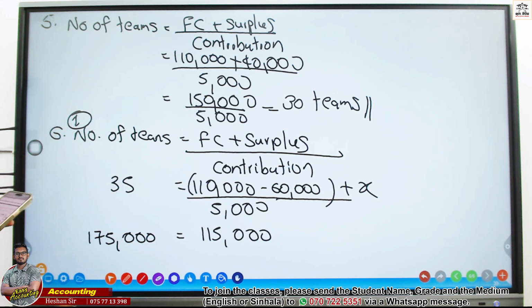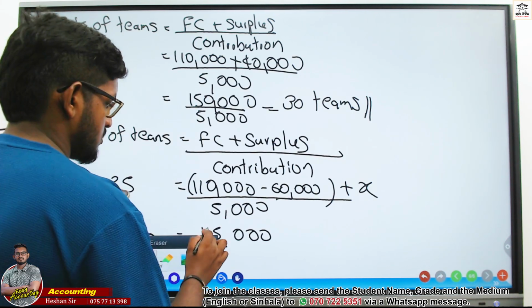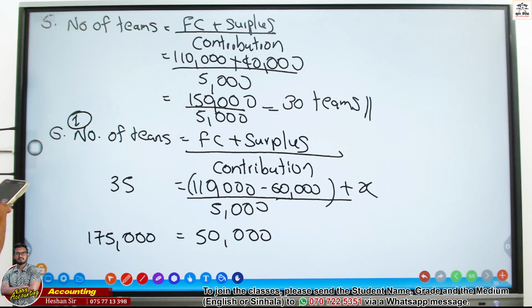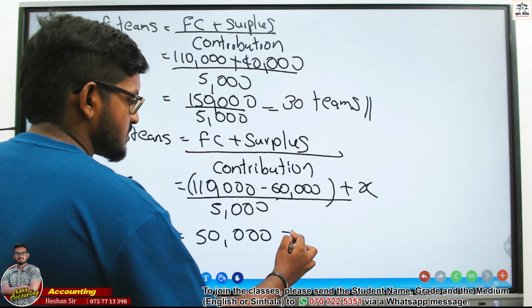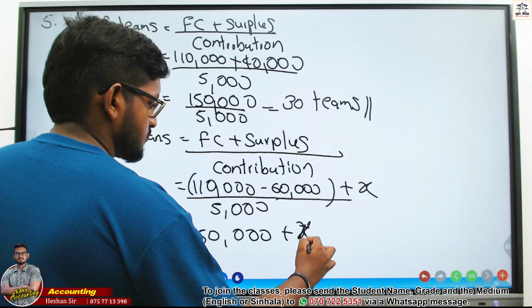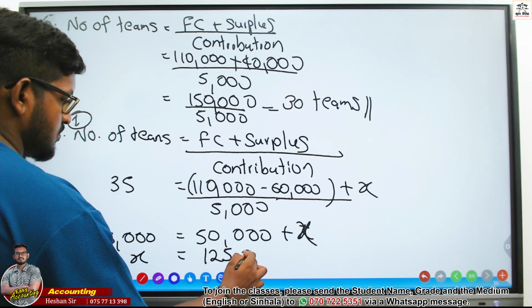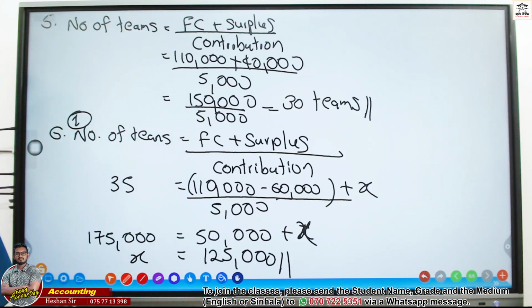Our fixed cost is 110. 110 minus 60, how much? That is 50,000. 50,000 plus x. So x equals 125,000. 125.